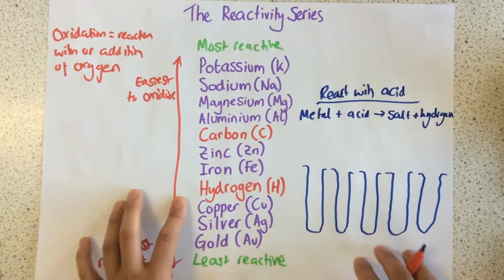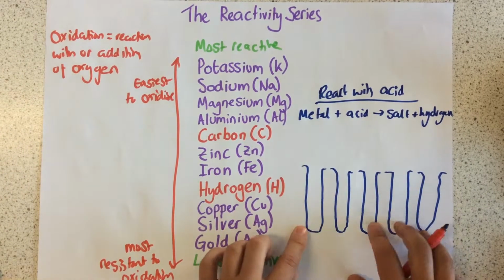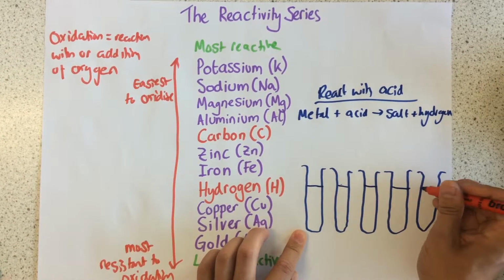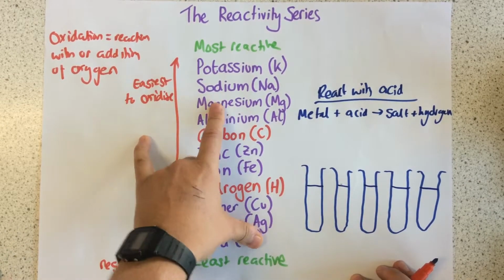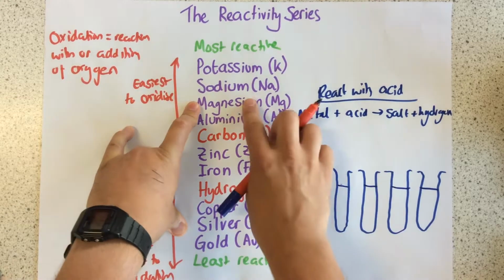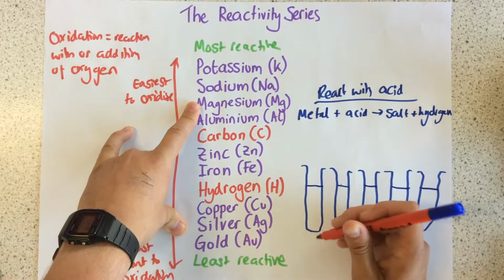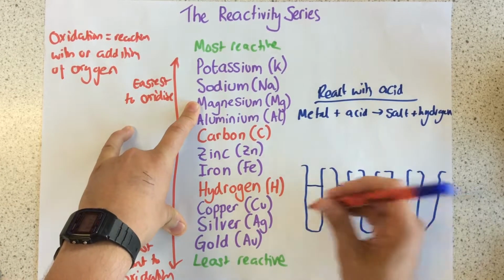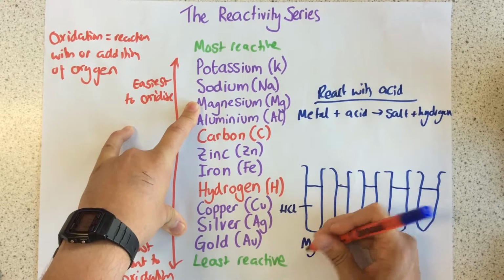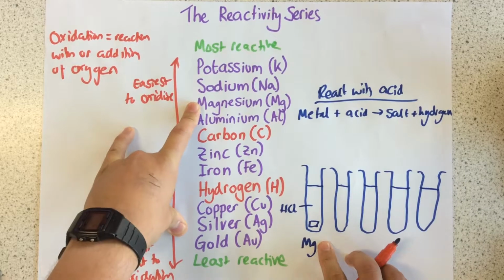Now we can see this, and we can see the different reactivities based on the reactions with acid. So let's say I take something that's quite high up the reactivity series, something that's quite reactive, such as magnesium. If I take magnesium and put it into my hydrochloric acid, so I'll just label 1 with HCl so we know that's hydrochloric acid, then we'd have a very vigorous reaction.